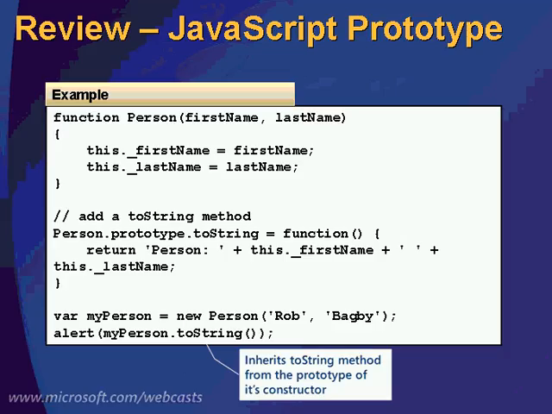My person prototype now has a toString method associated with it, and in the implementation we're just simply returning an appended string. At the bottom you'll see where I've newed up a person constructor, and I've inherited the toString method from my prototype.